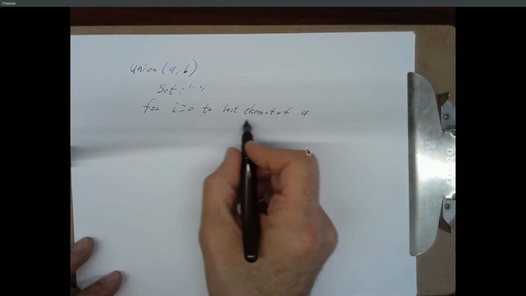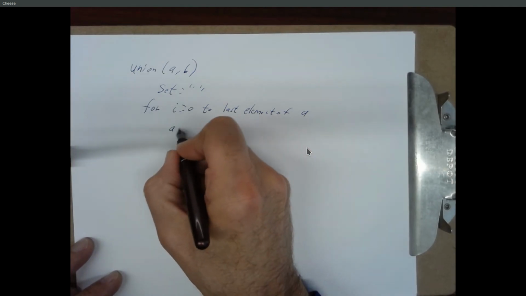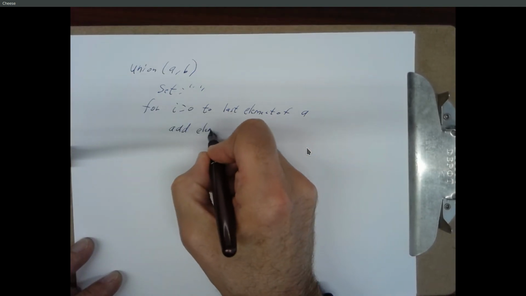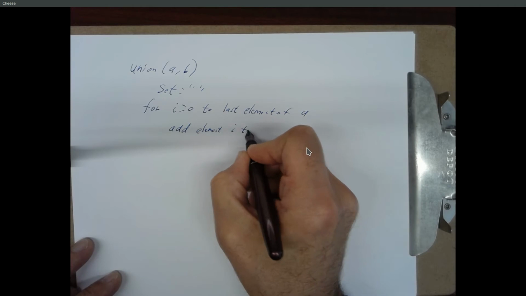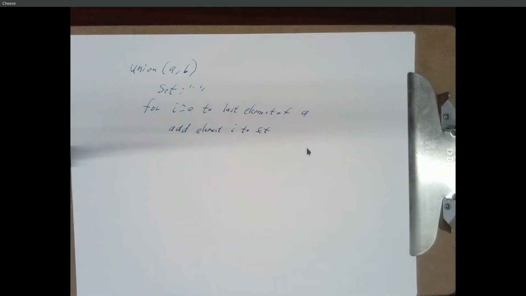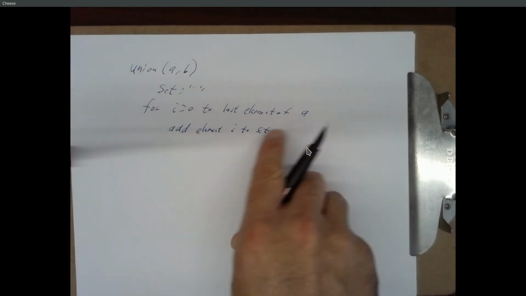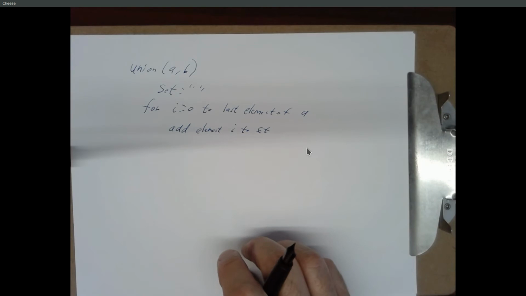Go through each element of A and just add that element to the set S. You're basically just copying A into your output set here. So go through each element of A and add that element to your output set.